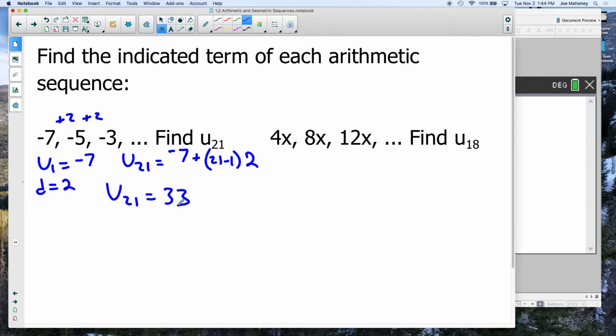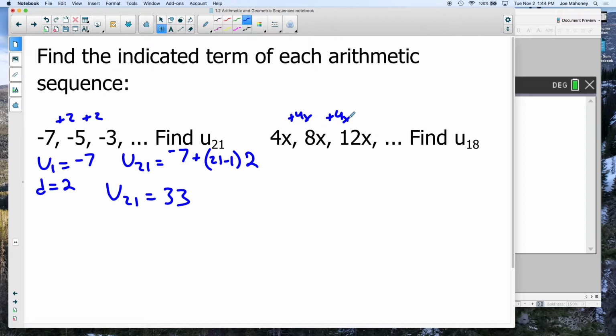You want to try the next one? It looks scary, but it's not. So if I look at my common difference here, 4x, I'm going to add another 4x to get 8x, add another 4x to get 12x.